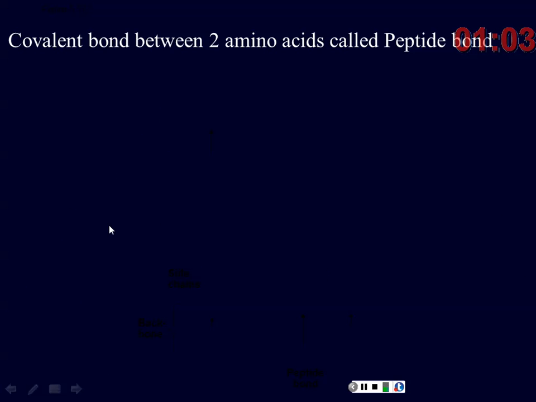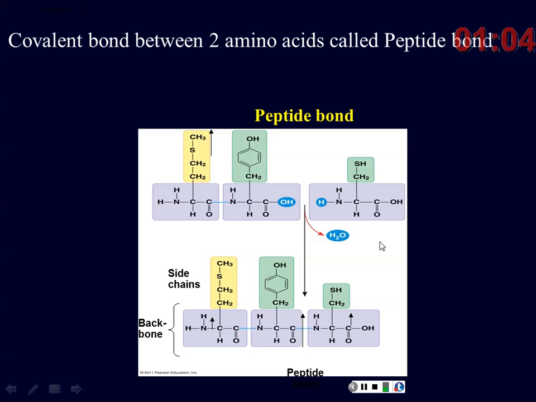Is everybody with me? Okay. When two amino acids bond together, what would be the reaction that bonds them? Dehydration or condensation synthesis, yes. When two amino acids bond together, the bond that forms between them is called a peptide bond. So here is an amino acid bonded to another amino acid, which would be a polymer. Here's an amino acid being bonded to this polymer.